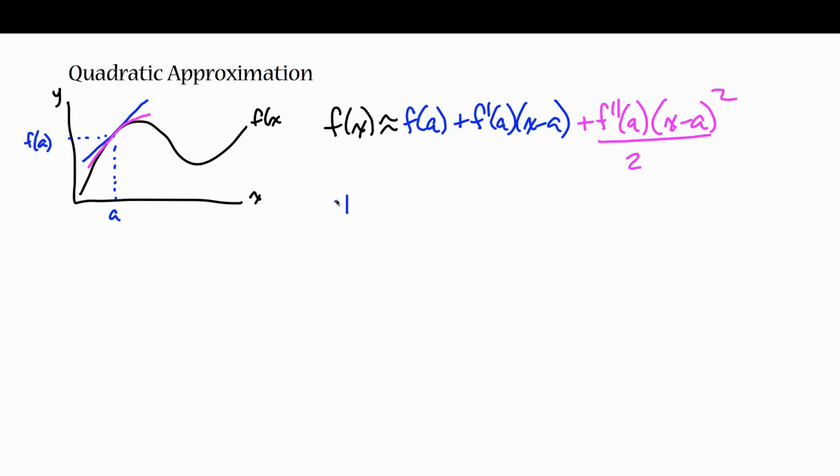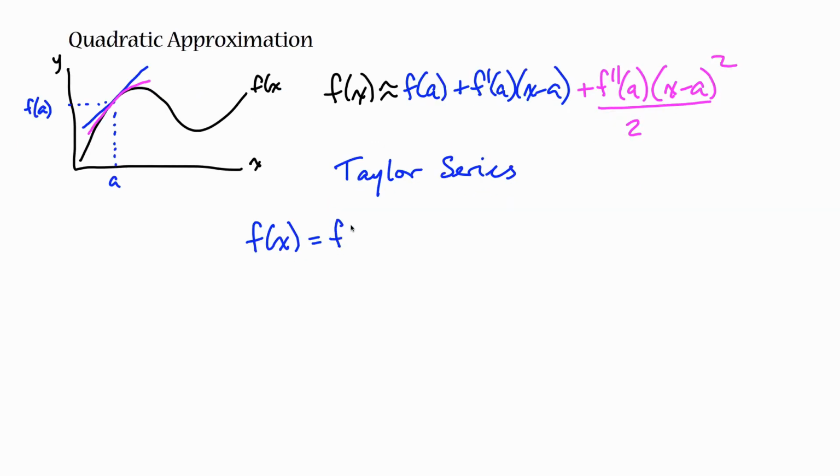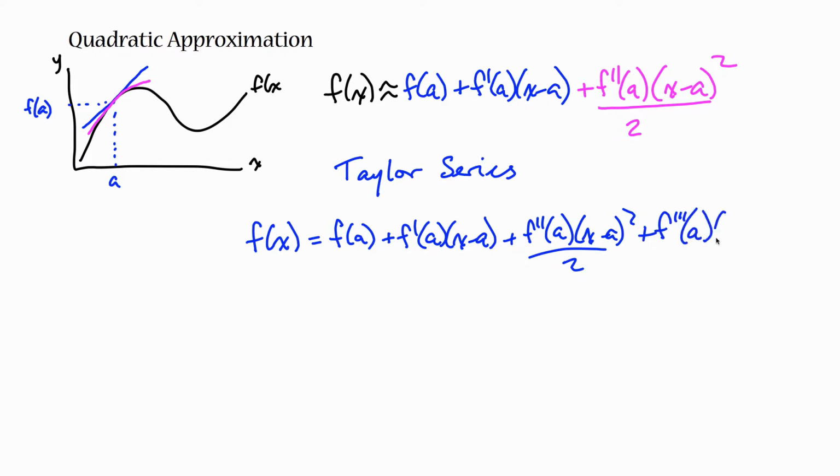So you may have noticed what I'm actually doing here is making a Taylor series expansion of f around a. Because the equation for a Taylor series, f at x, is equal to the function at a plus the first derivative times x minus a plus f double prime at a times x minus a squared over 2 plus f triple prime at a times x minus a cubed over 3 factorial.